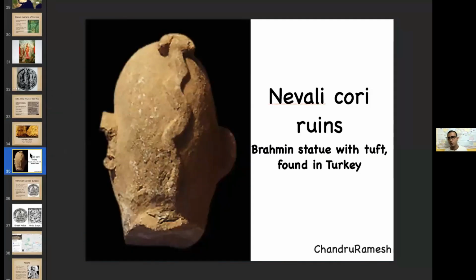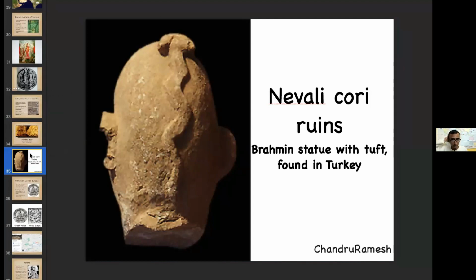Also in the same region, in West Asia, we find a place called Nevali Kori, and in Nevali Kori we find this Brahmin statue. There is no evidence whatsoever that people follow Brahmin culture there today, but we find this statue which has a shikha.